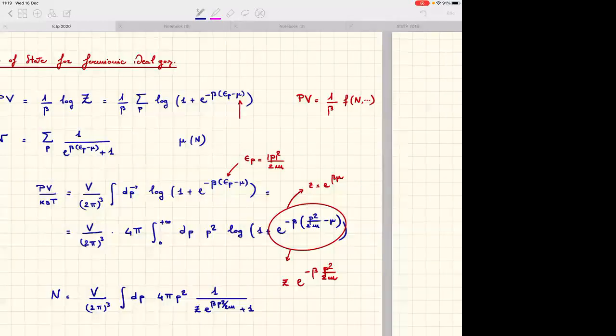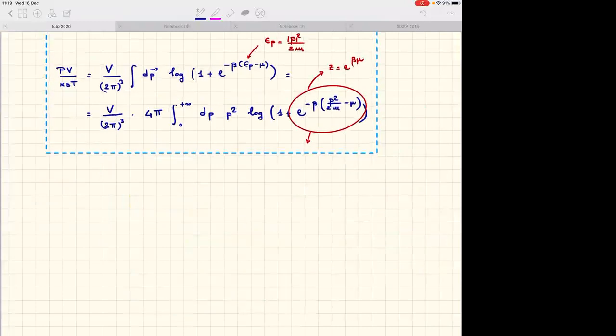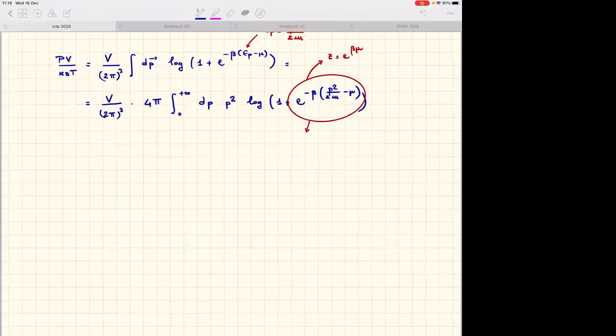So this is equal to V over 2 pi cubed, times 4 pi, integral between 0 and plus infinity dp p squared log of 1 plus z e to the minus beta over 2m p squared.